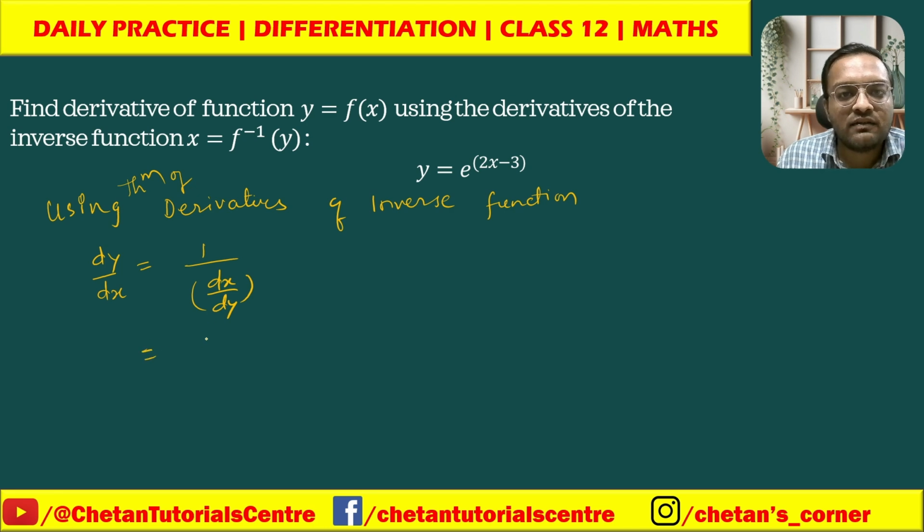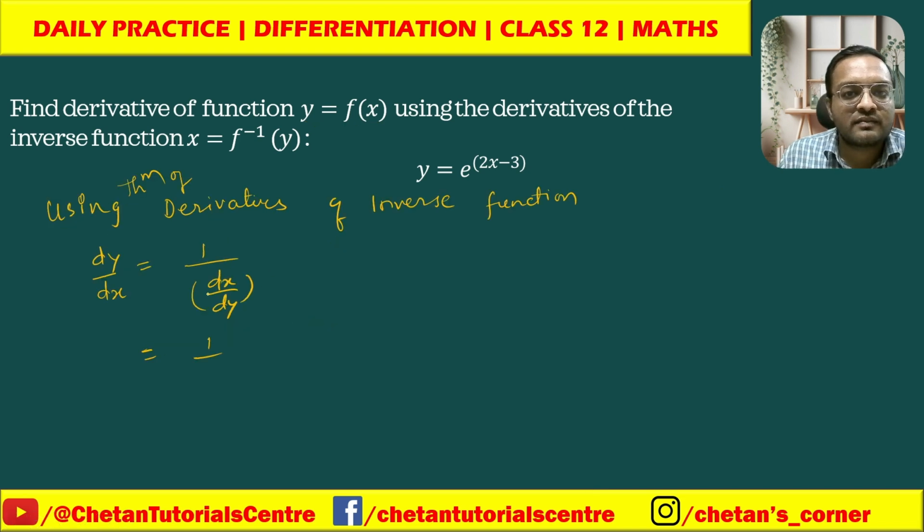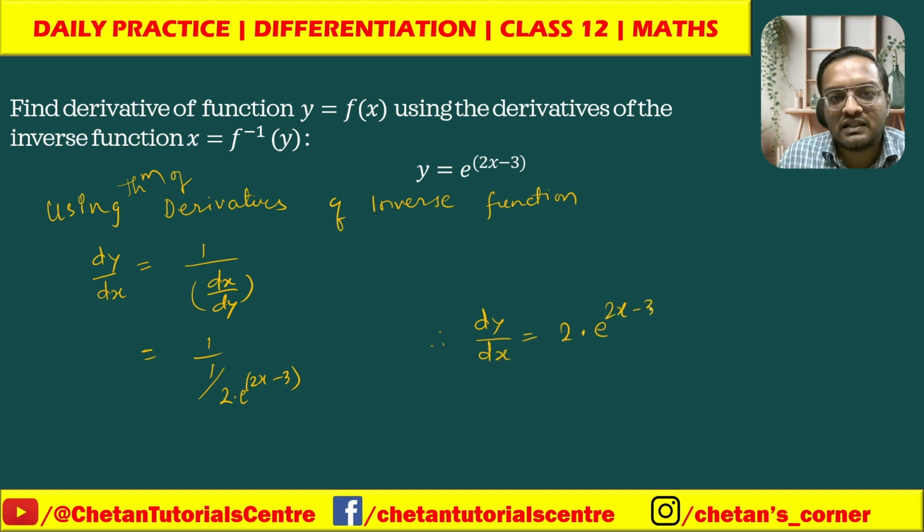Now I will substitute the value of dx by dy, which is 1 upon 2 e raised to 2x minus 3. Now on further simplifying, what I will get? dy by dx is equal to 2 into e raised to 2x minus 3, which is our required answer.